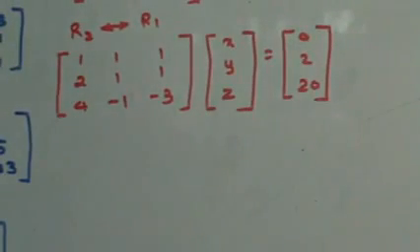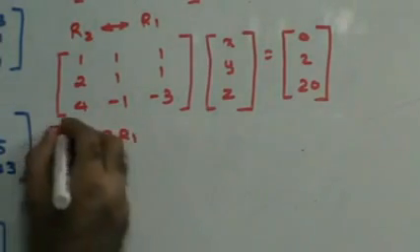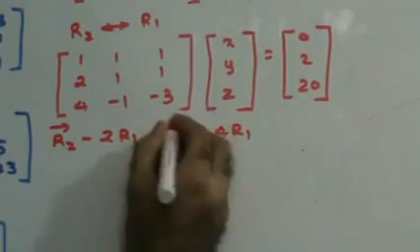Now I need to have the numbers in the second and third position as 0. R2 minus 2R1, R3 minus 4R1.